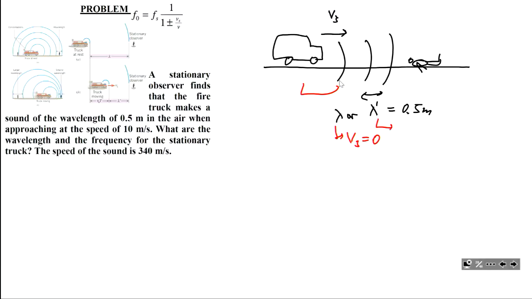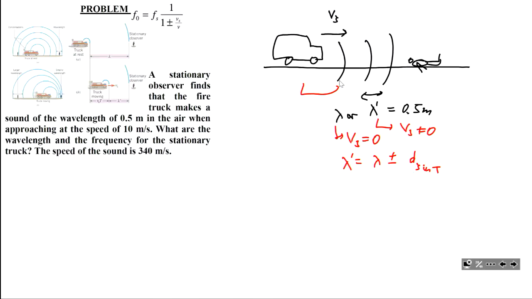This variable represents a situation when the source is moving. And, well, we know that the relationship between these should be equal to plus or minus distance traveled by the source in one period.